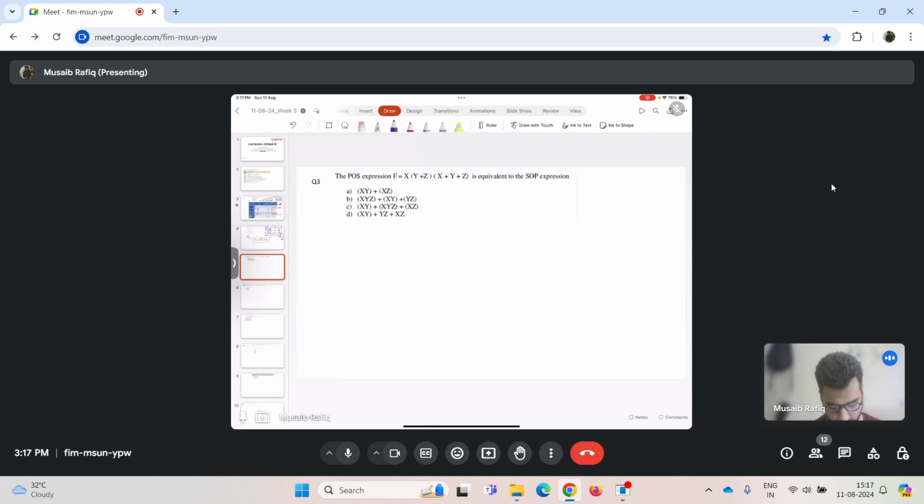We can do it easily by algebraic manipulations. Let me first write the question. So f is equal to x times (y plus z) times (x plus y plus z).